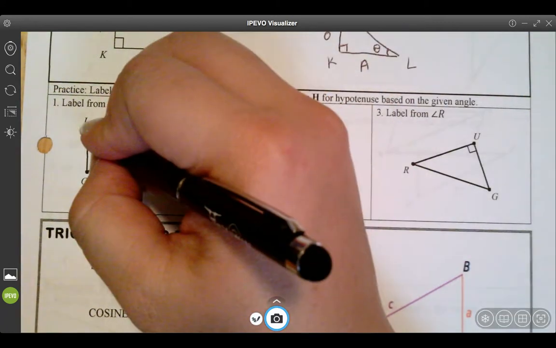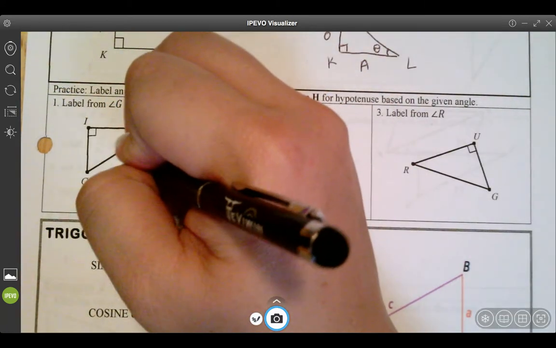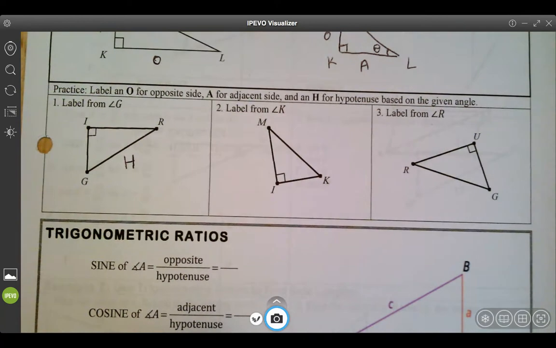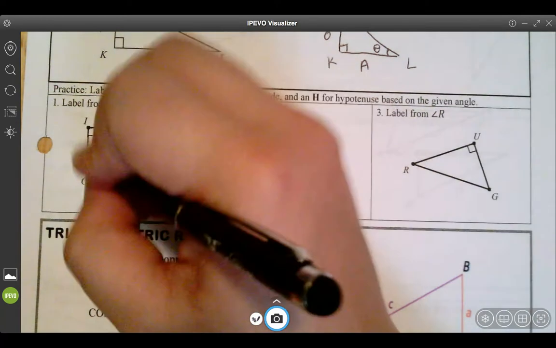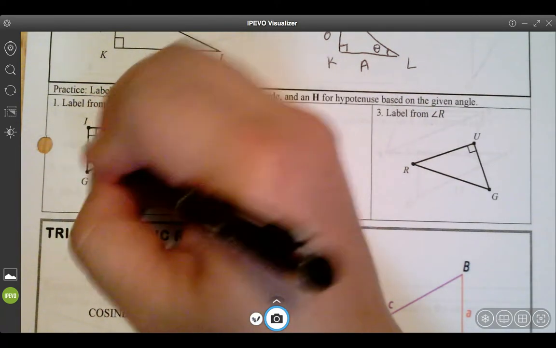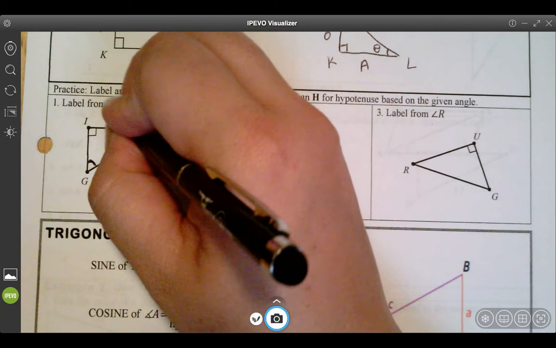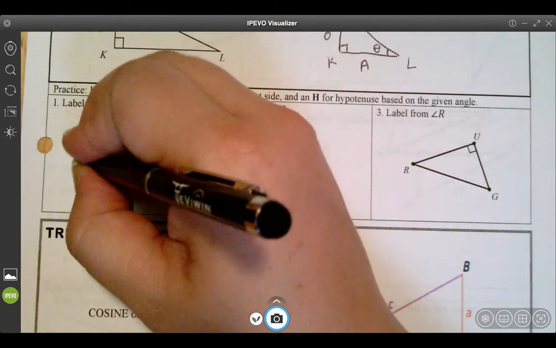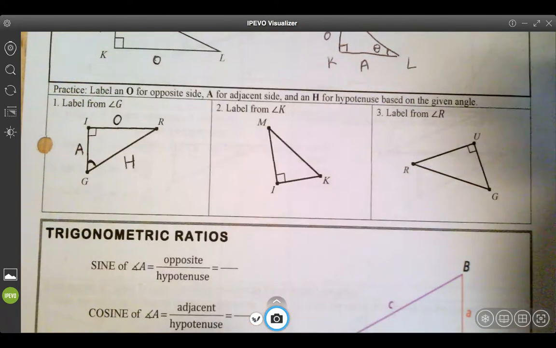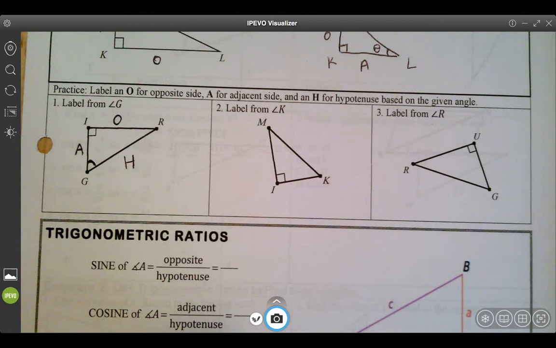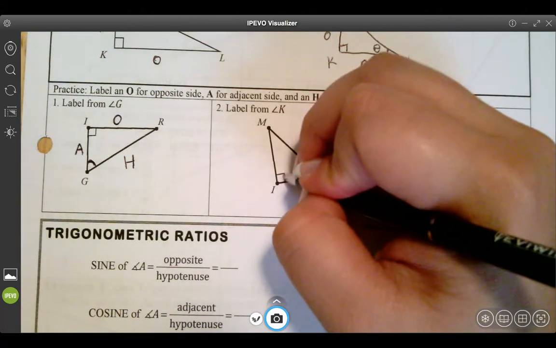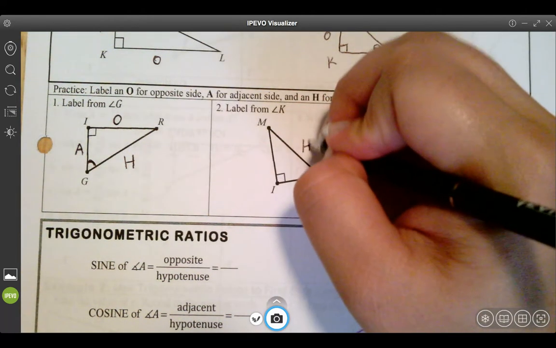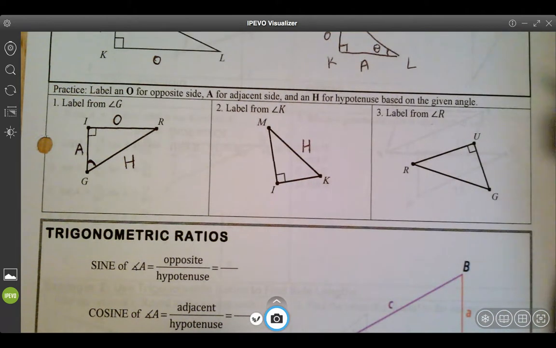So here we have a right angle, so that makes the hypotenuse opposite the right angle. If angle G is our reference angle, opposite of that is on the top, and the adjacent is to the left. For number 2, hypotenuse is opposite of the right angle.